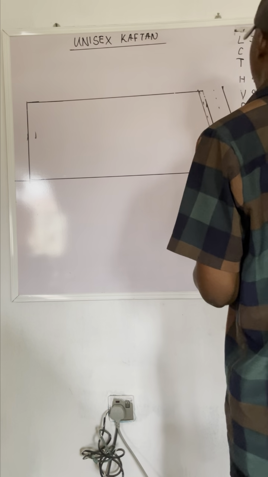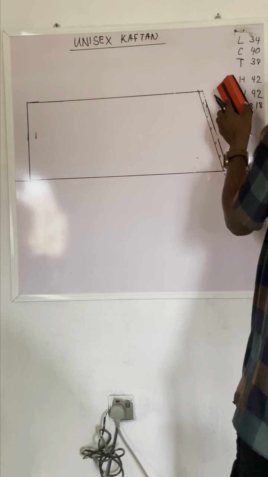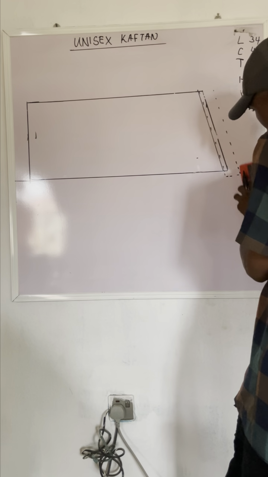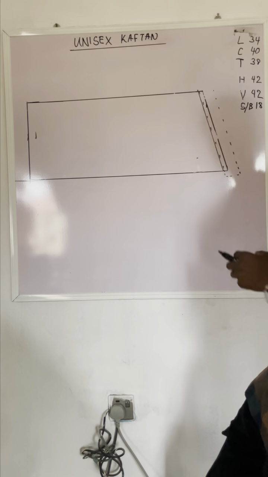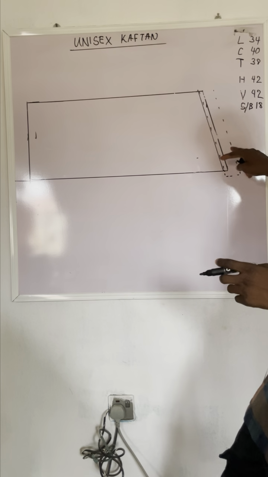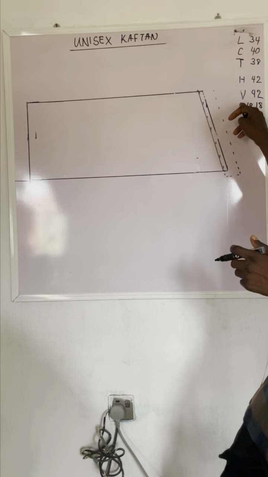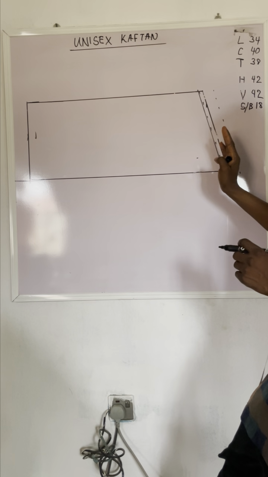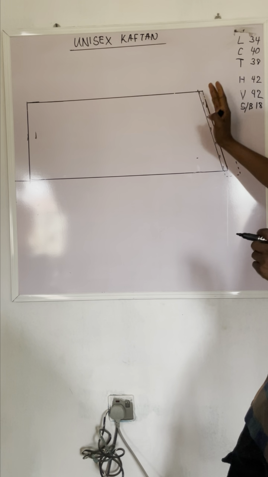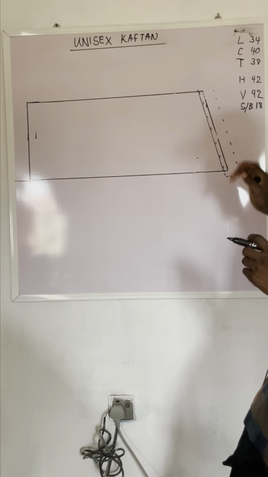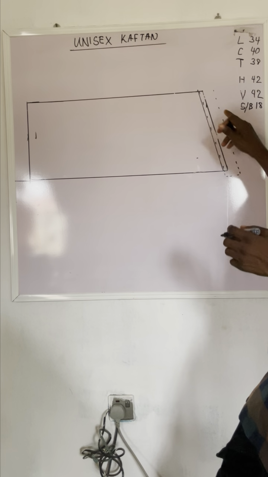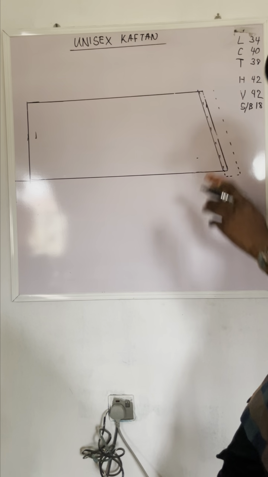Can you see now? The back pattern that is longer than the front pattern by 4.5 has already lapped this half inch on the front pattern, so it has reduced from 4.5. So every measurement you will be applying now will be from this back that lapped the front pattern.